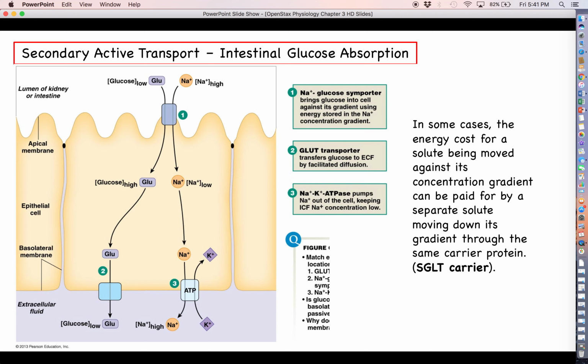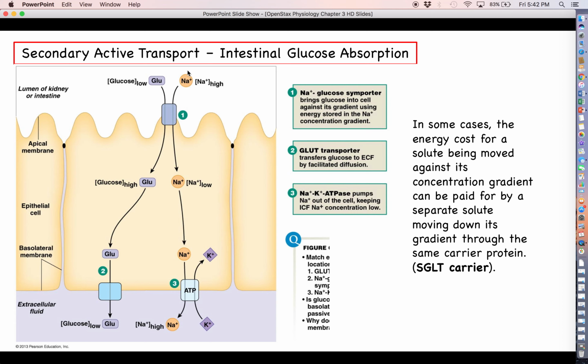So every time we move sodium in, move sodium in, move sodium in, the concentration of sodium inside the cell goes up, and the concentration of sodium outside the cell goes down. We can continue to transport glucose like this, but we cannot do it indefinitely, at least as far as we've described things so far.